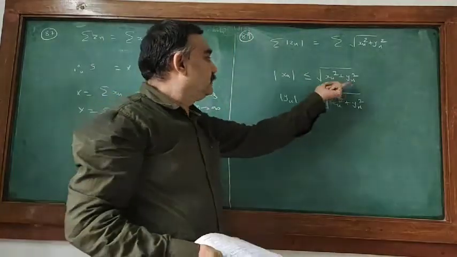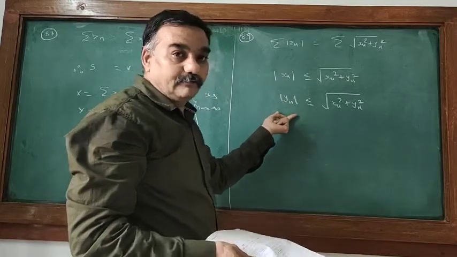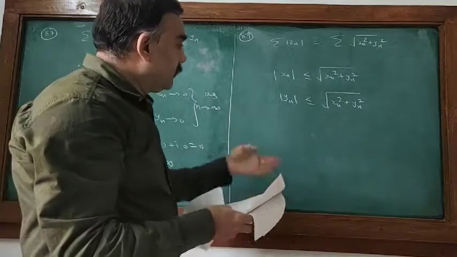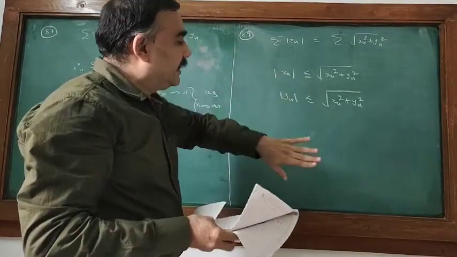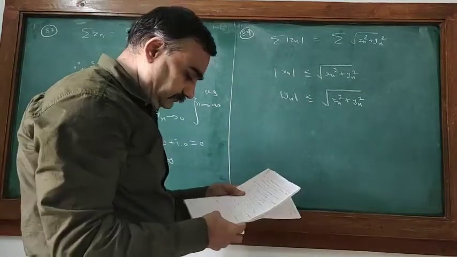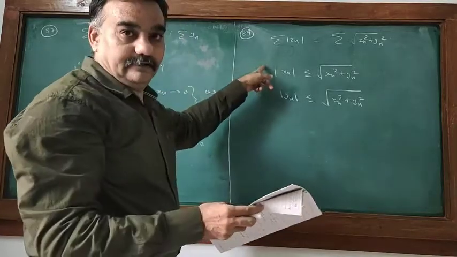If this is convergent, sigma modulus xn is convergent and sigma modulus yn is convergent. That means both of these are absolutely convergent, and due to that sigma xn and sigma yn are convergent. And that is corollary 19.